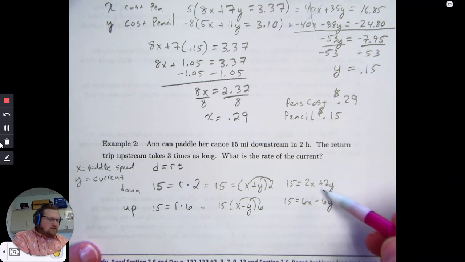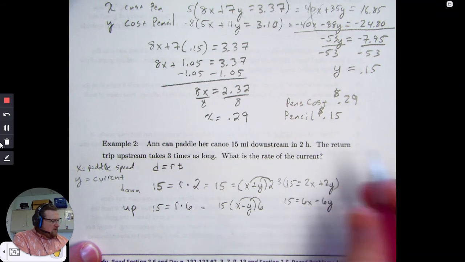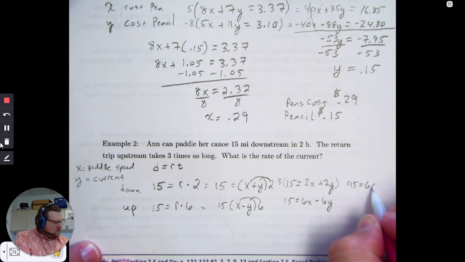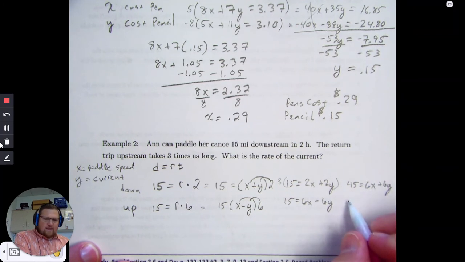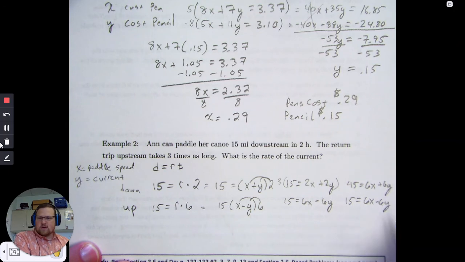Now, hopefully you guys notice right away that we have this positive 2y and this negative 6y. So if I multiply this top one by 3, that would give me 45 equals 6x plus 6y. And then I would have my 15 equals 6x minus 6y.